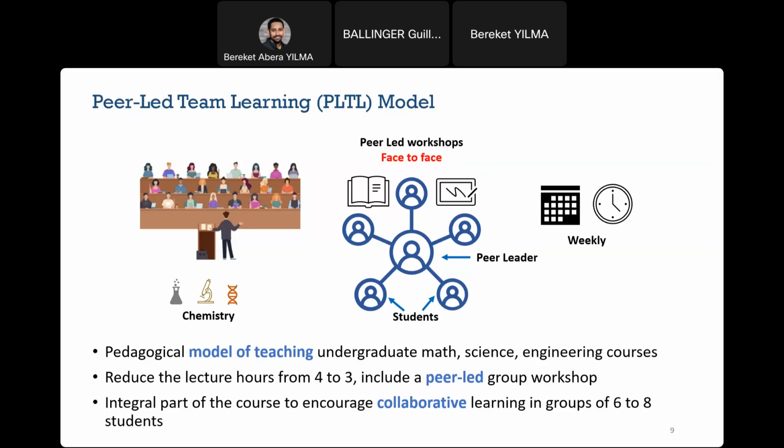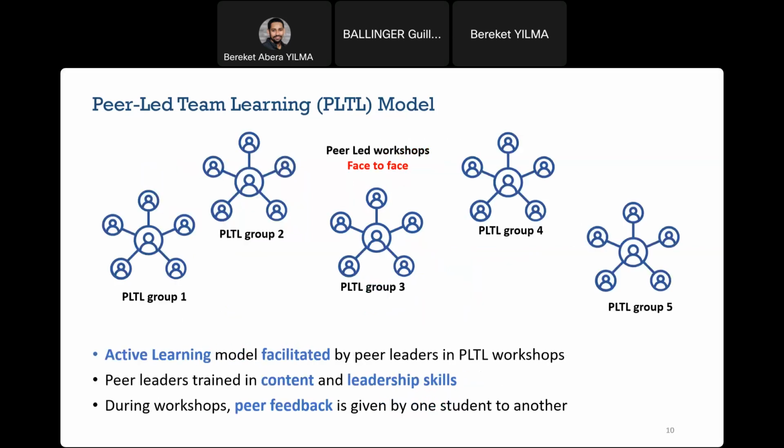The motivation is that this collaborative learning boosts academic success, and it is found to be very useful for students from minority backgrounds, for females, and those types of groups.